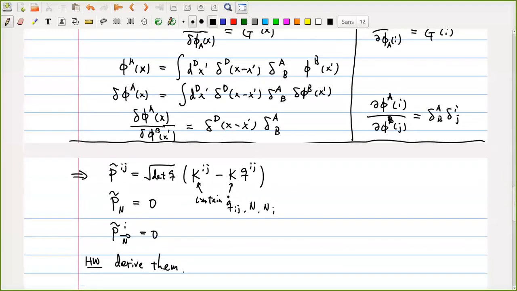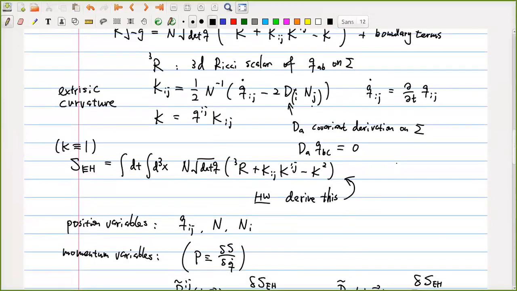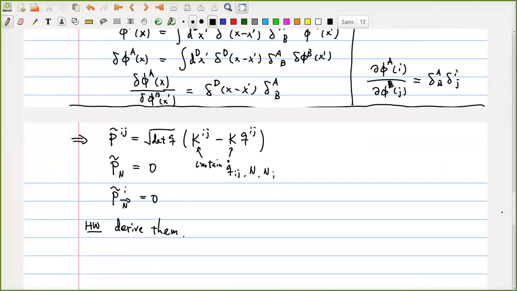You remember the definition of Kij. It contains n, q dot, and nj. It also depends on q because this is the covariant derivative, and also on qij. It depends on all those variables.